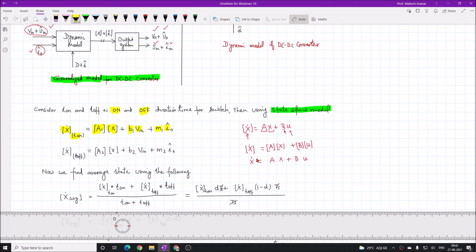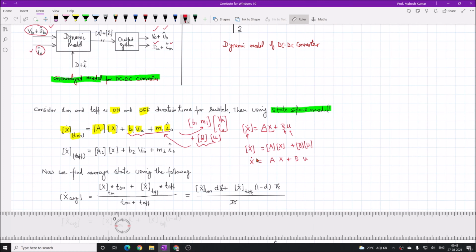As I said in the beginning, the I0 cap is the input actually. If you want to write in this form, you can also write B1, M1 into B in and I0. So this can be written in this form also. In that case, this becomes the B matrix and this becomes the U matrix. So this has been expanded in this form.